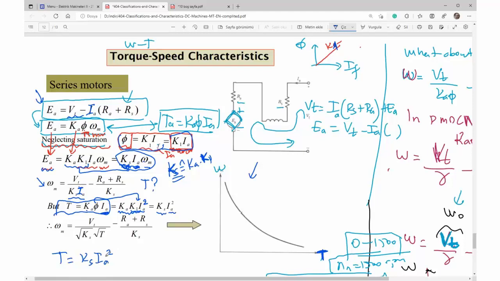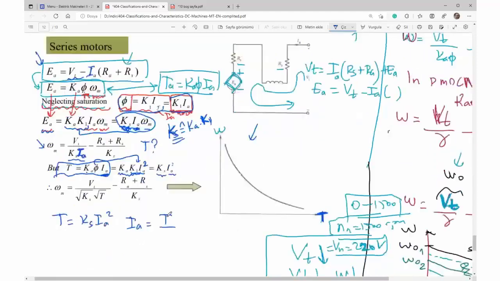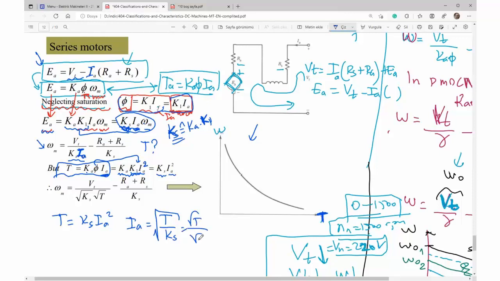So, Houston, here is armature current. So let's calculate armature current. Armature current is torque over Ks, all in square root, or something like that. Yes.